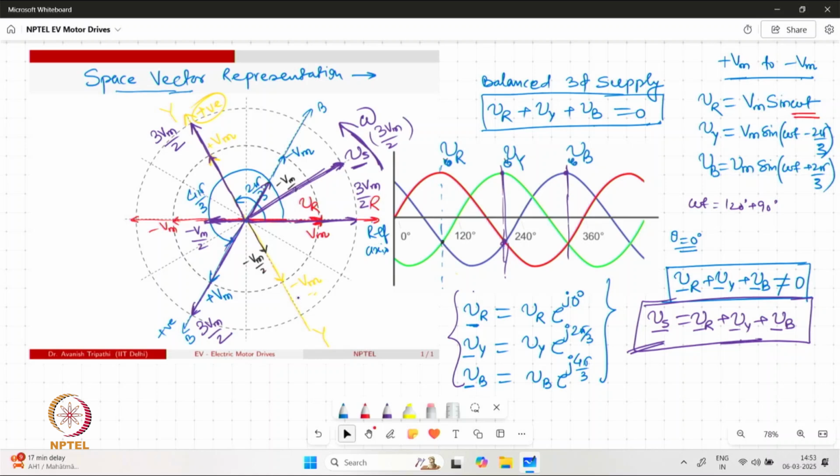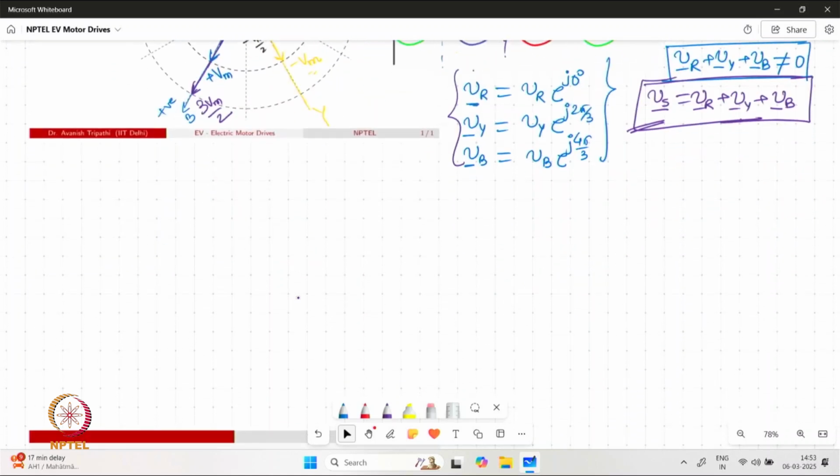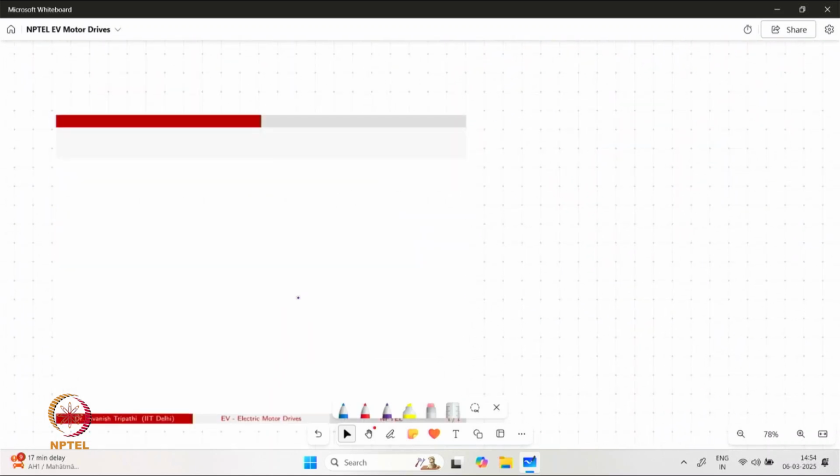So this is what a multi-phase quantity, or in particular a three-phase quantity, we are discussing. It can be represented in terms of a rotating vector, which is a combination of all the three phases. So we can write it more formally.